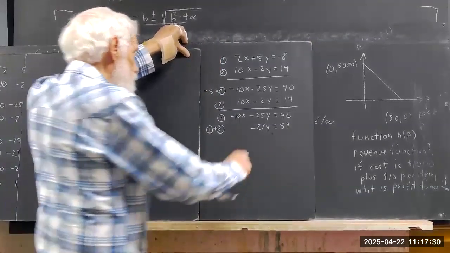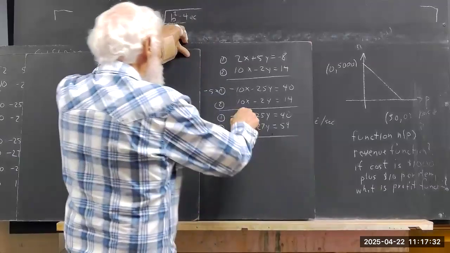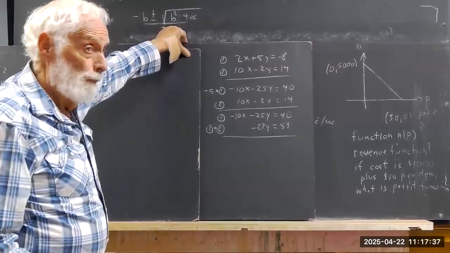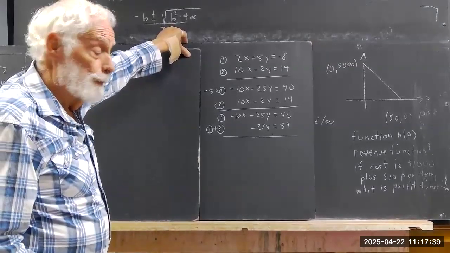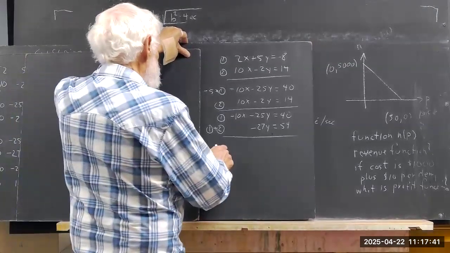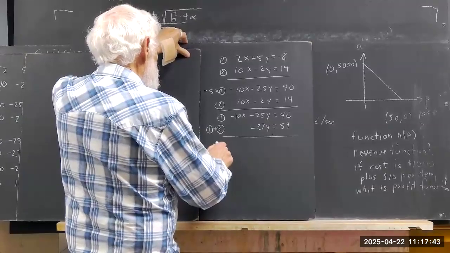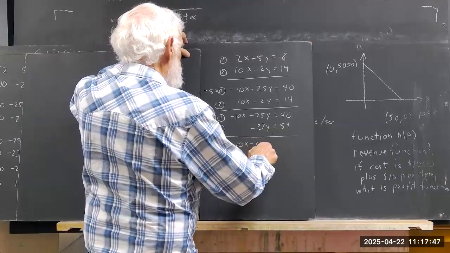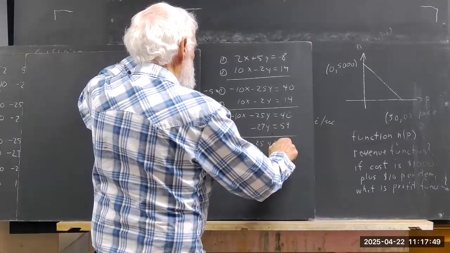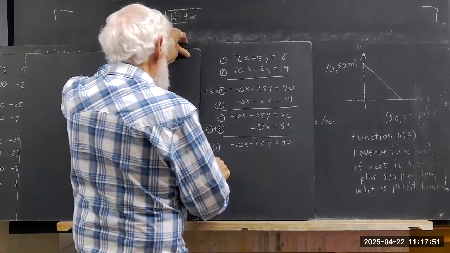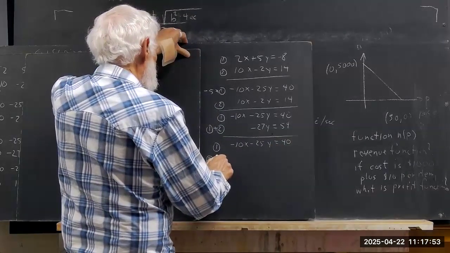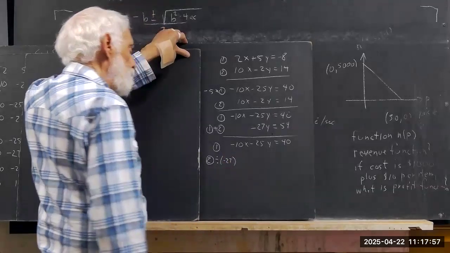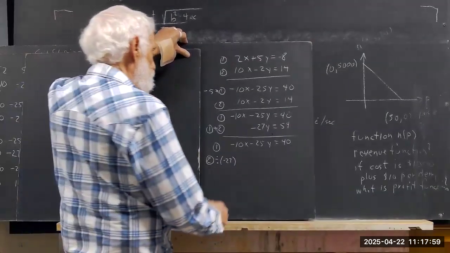Okay. Now I've written down the equations both times. I'm going to continue this. I'm again going to write down equation 1. Divide equation 2 by -27.